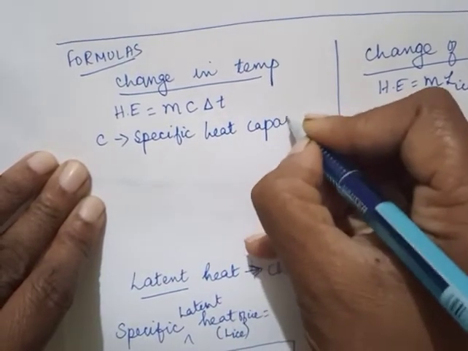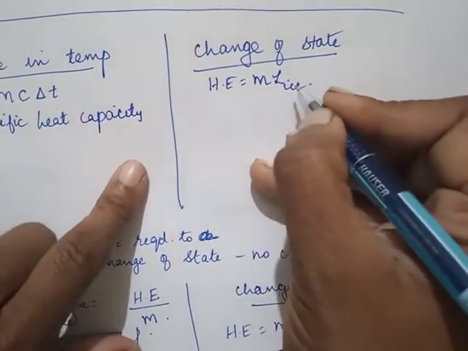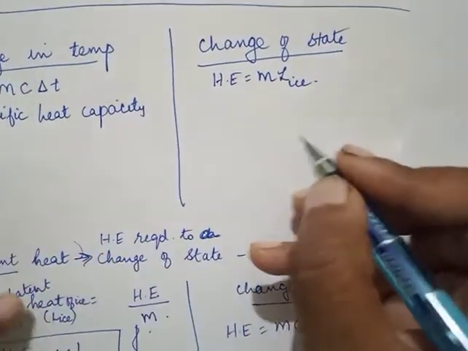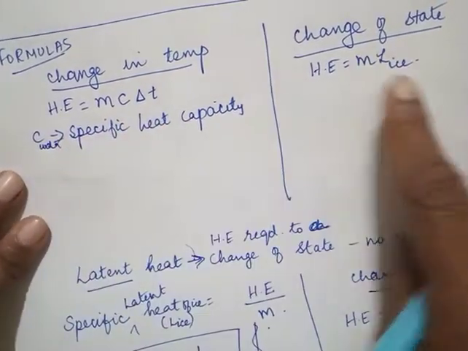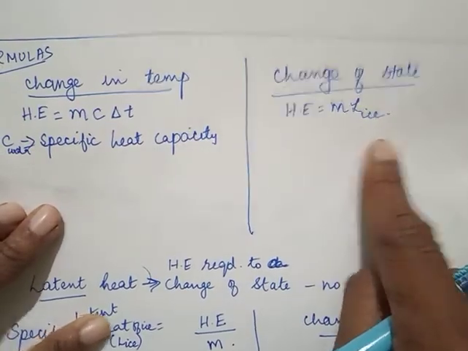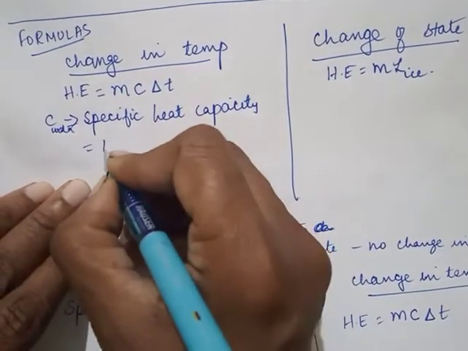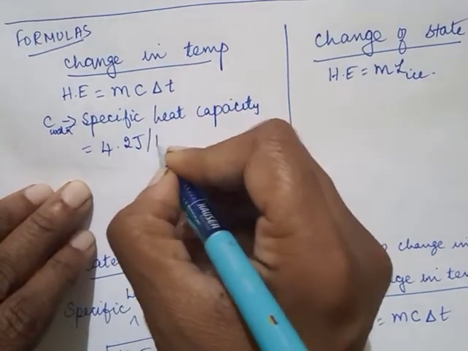C is the specific heat capacity of that substance. Here we are specifically talking about water frozen into ice. The value of specific heat capacity of water is 4.2 joule per gram degree Celsius.